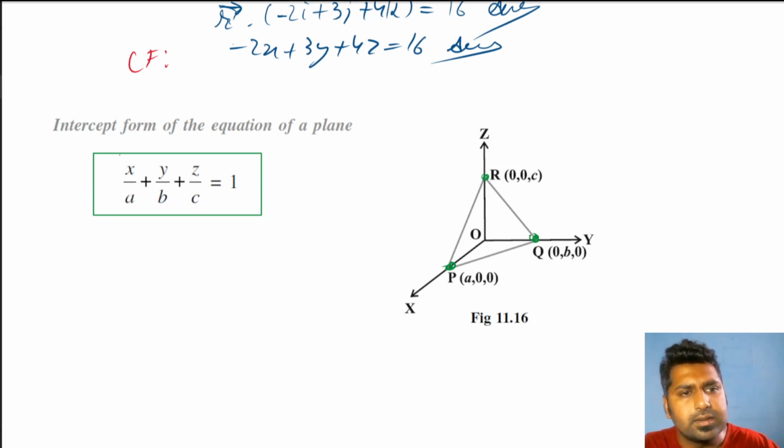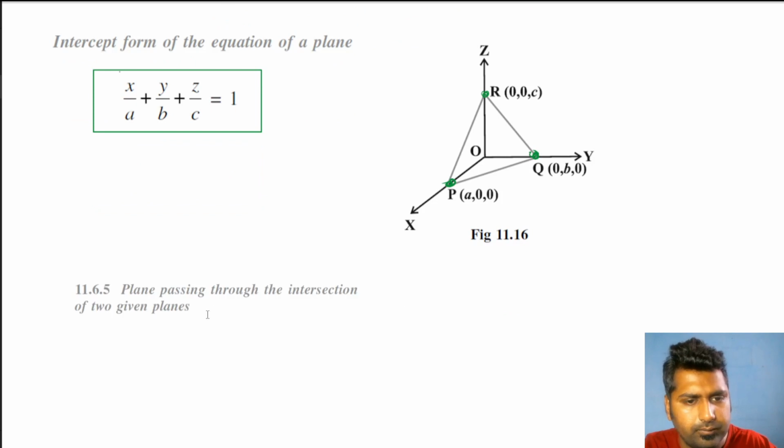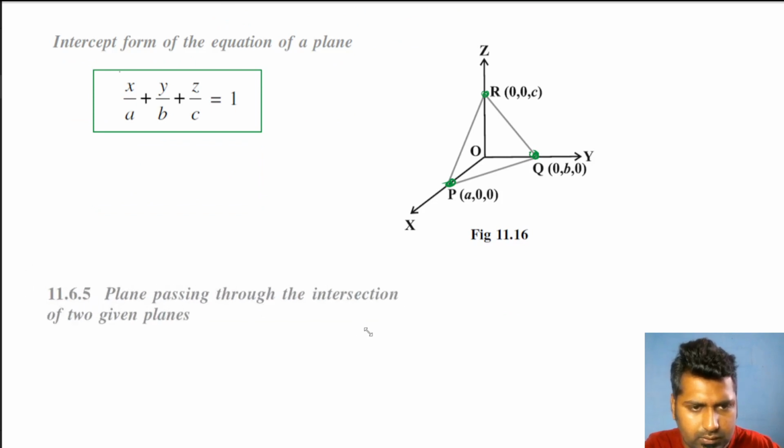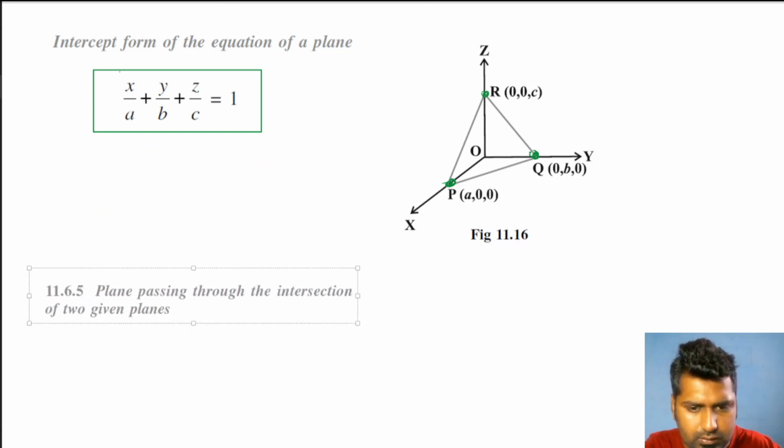Next is the important one, equation of a plane passing through intersection of two planes. So there is a possibility that two planes can intersect. I mean, two lines can intersect, so two planes can also intersect.